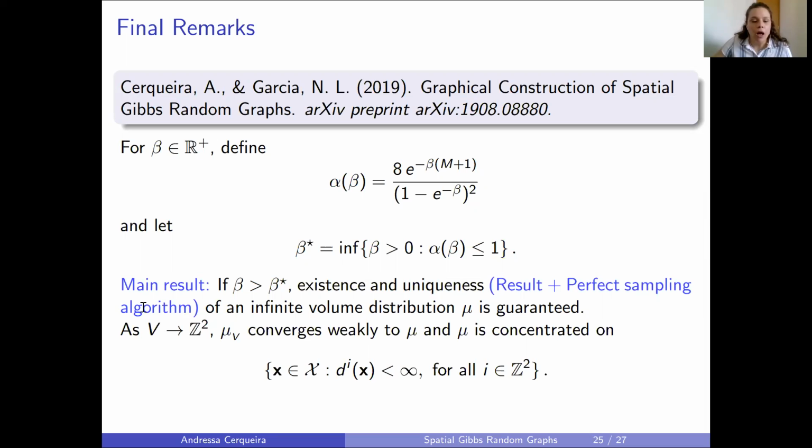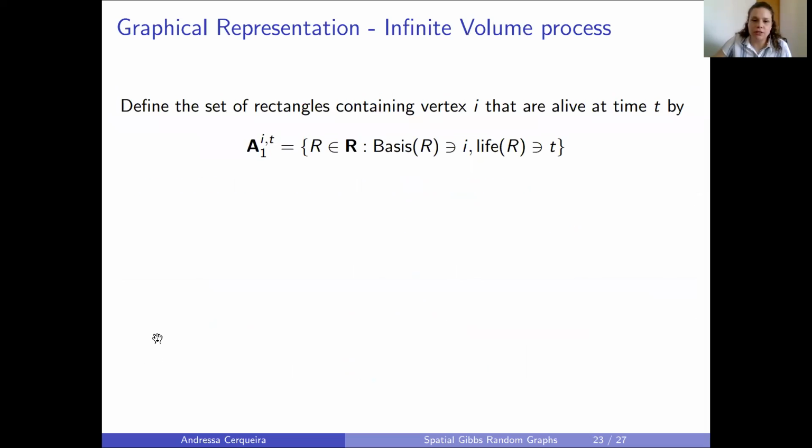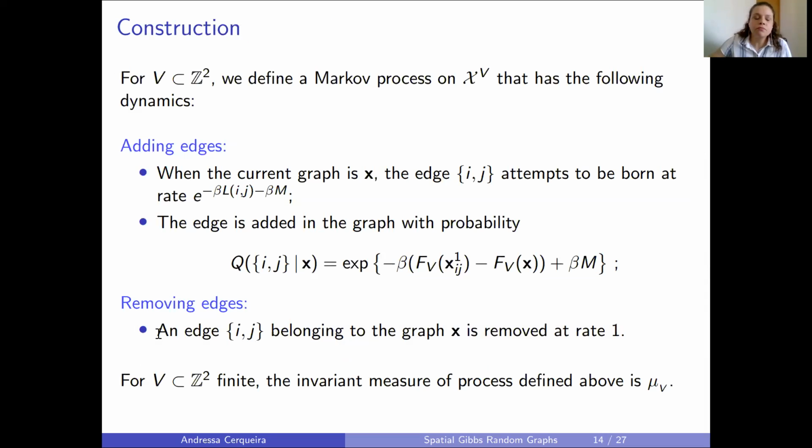Well, okay. To prove this other part here, that it's concentrated, we also use a dominating process. Let me just come back. So the Markov process that I define is like this. For an edge to be in the graph, it tries to be born, but I only add it to the graph with this probability. So we are going to dominate this process by just removing this item 2 here.